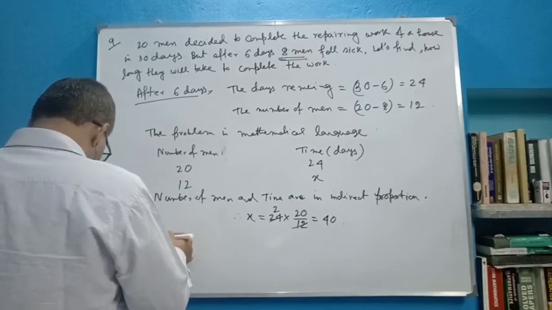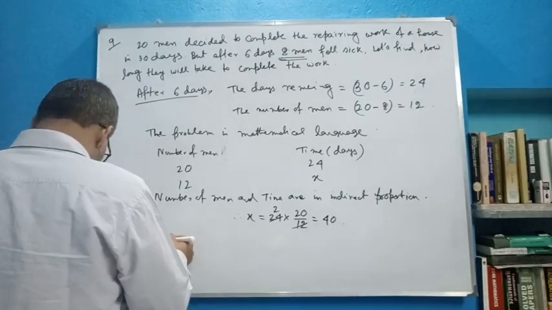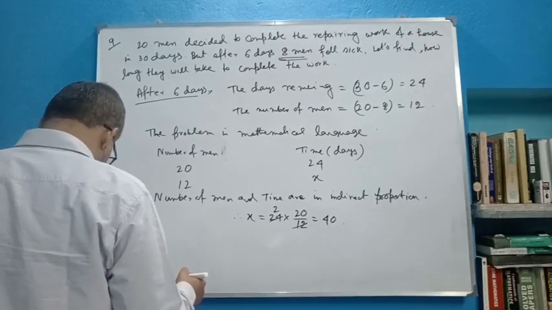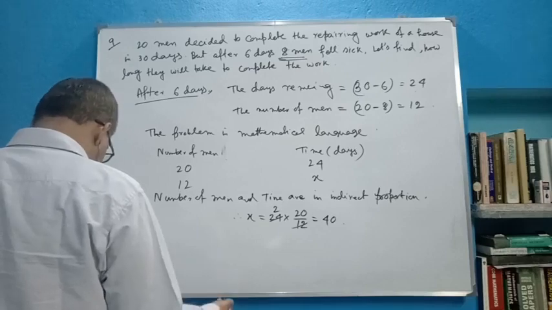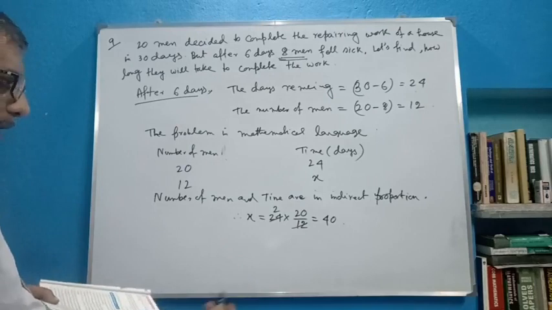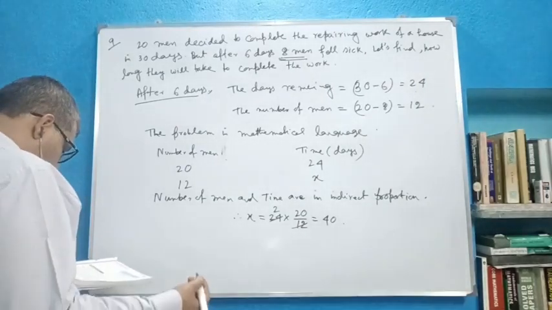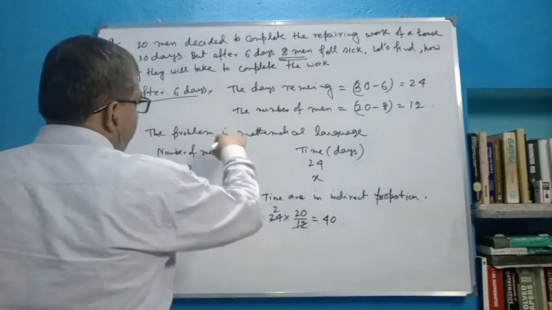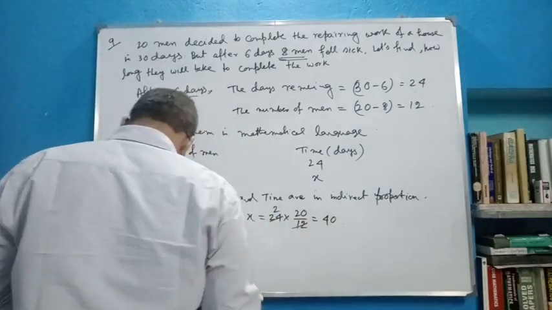So the remaining work will be completed in how long? After 6 days, obviously. And if the question is the total number of days, then 40 plus 6, that means 46 days in total. And if the question is how long they will take to complete the work after 6 days, obviously the answer will be 40.